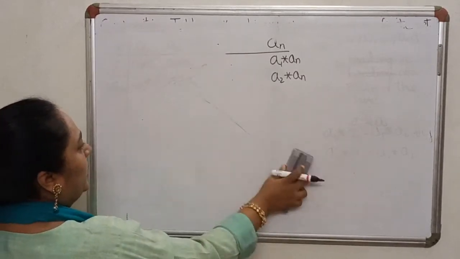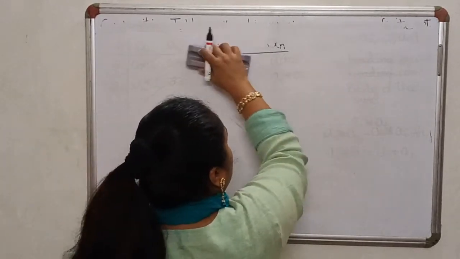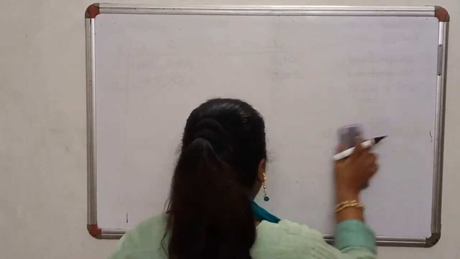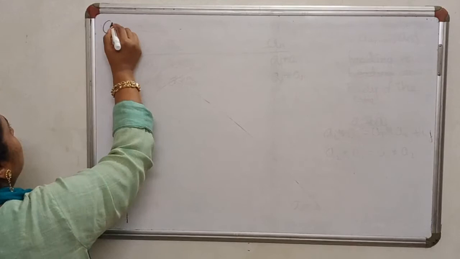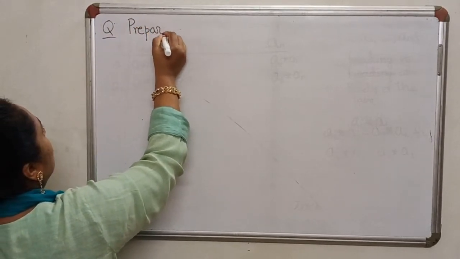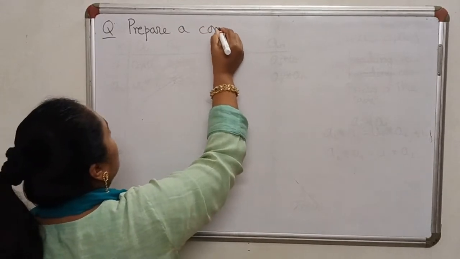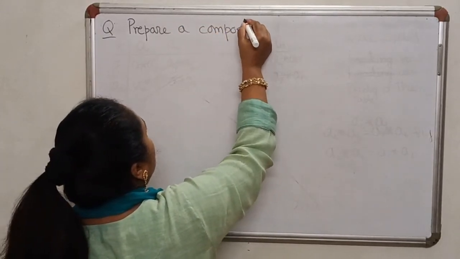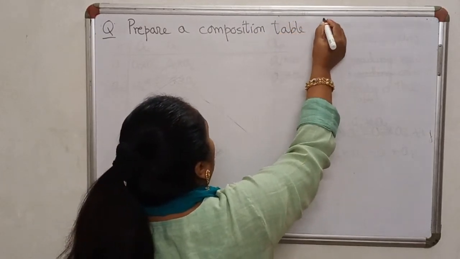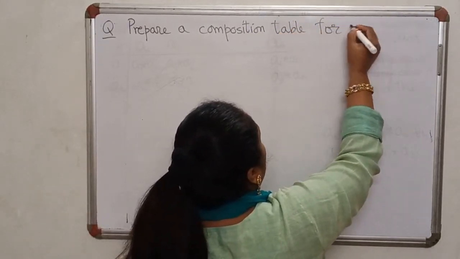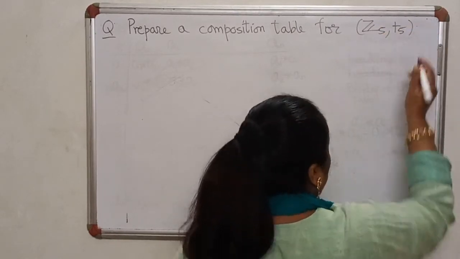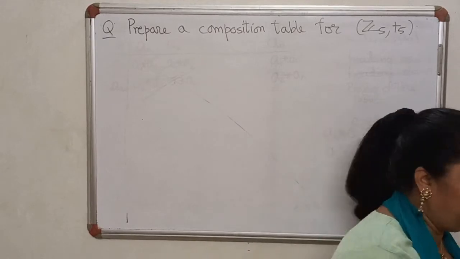So just to give you an example, let us prepare a composition table for Z5 with respect to addition modulo 5.